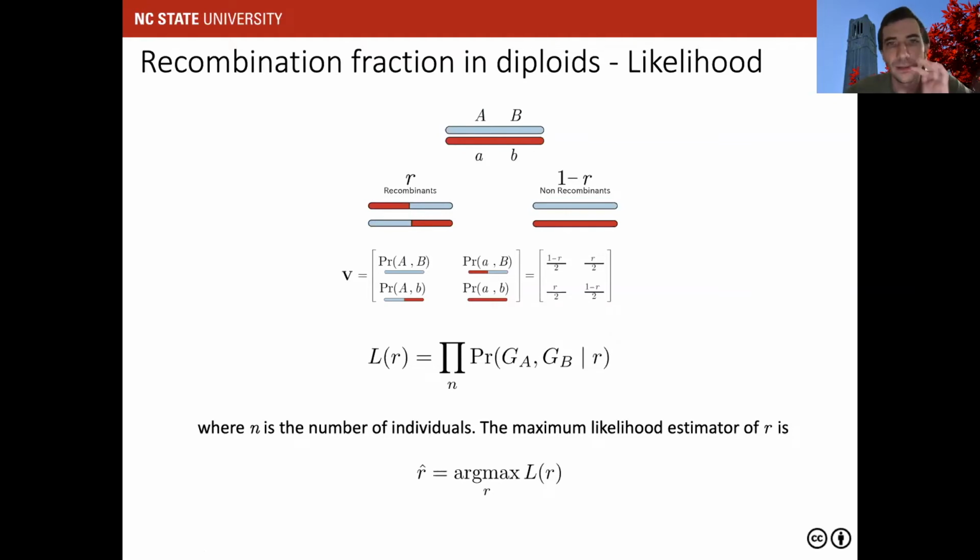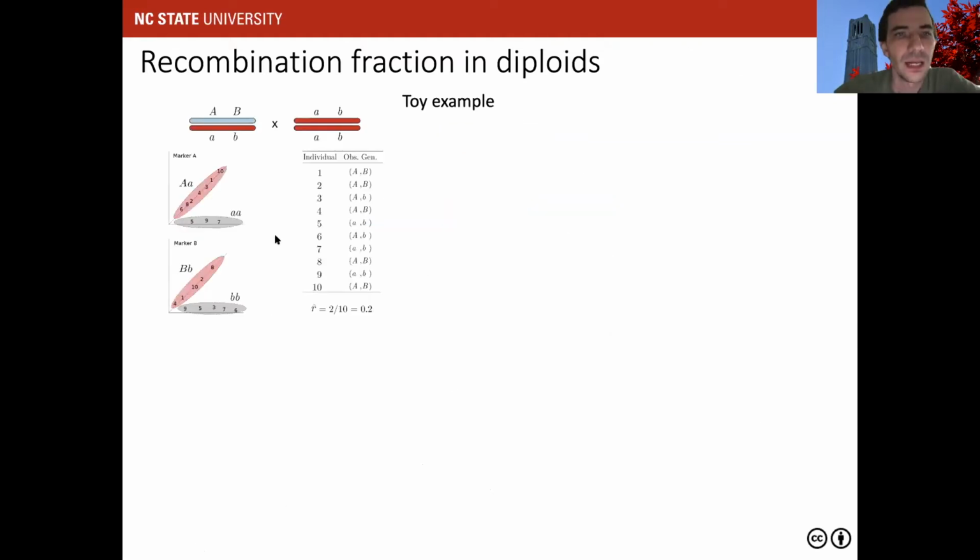So to exemplify the situation, let's do a toy example, right? So imagine I have for markers A and B, I have my SNPs, they are called, and we have these SNPs here in the pink ellipses, they are big A, small a, and here we have small a and small a, and same for B, right?